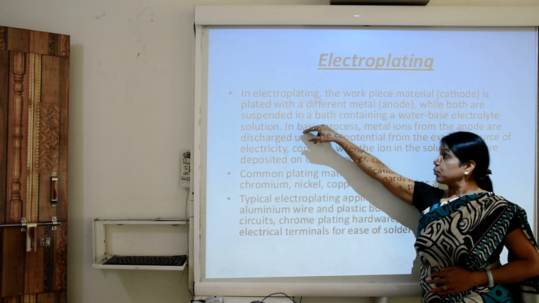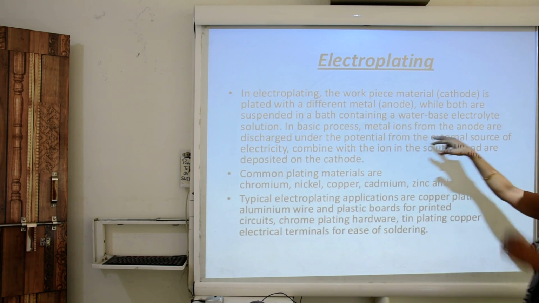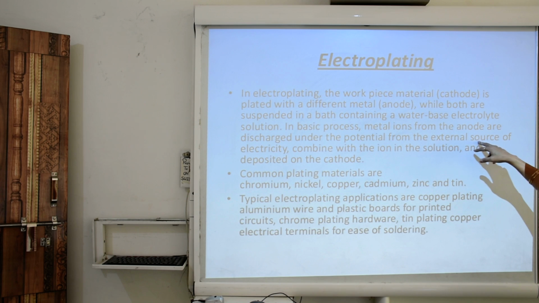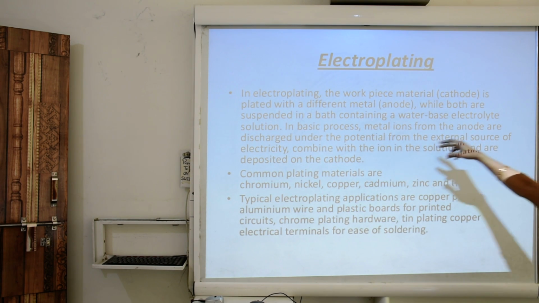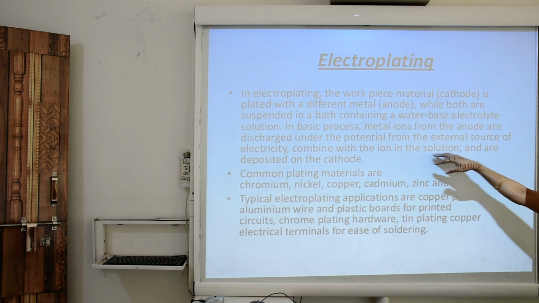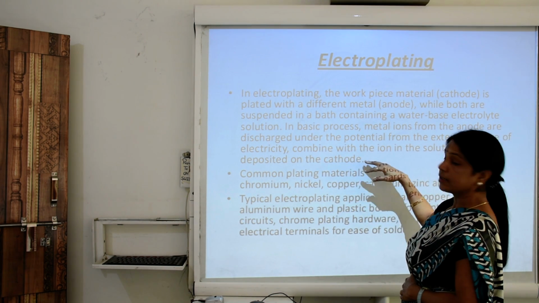In the basic process, metal ions from the anode are discharged under the potential from an external source of electricity, combine with the ions in the solution and are deposited on the cathode.